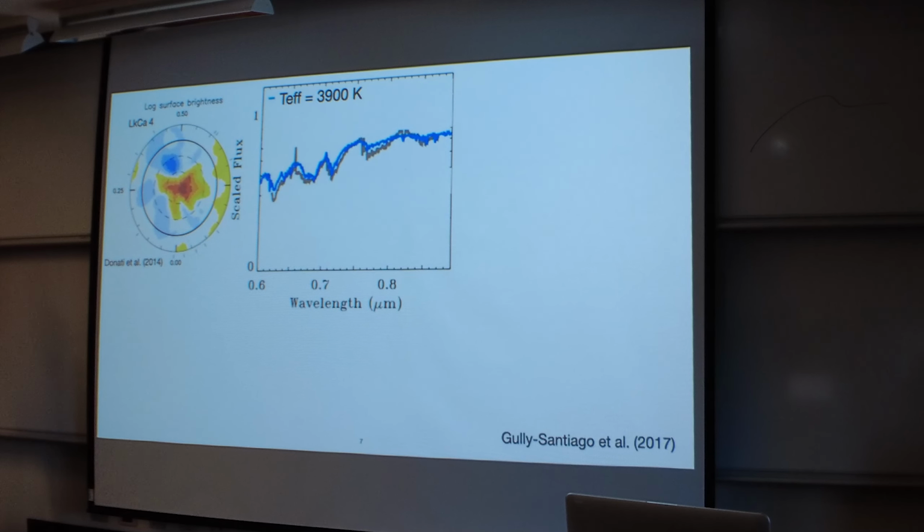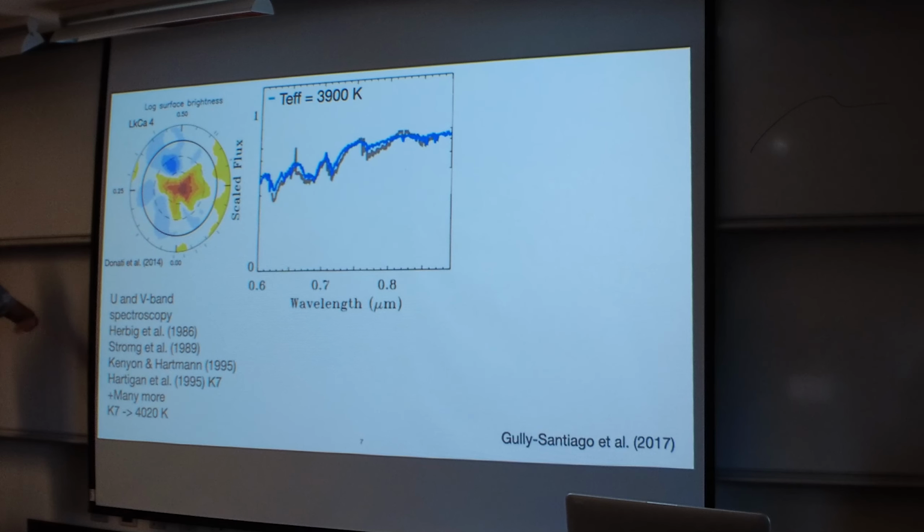It was known to have a strong magnetic field, and at the time it was very well established by many different spectroscopic works that this star has a temperature of about 4,000 Kelvin, measured from the optical. Okay, so Willy Santiago and colleagues obtained high resolution and low resolution spectra of this source, and they were able to match the optical part.